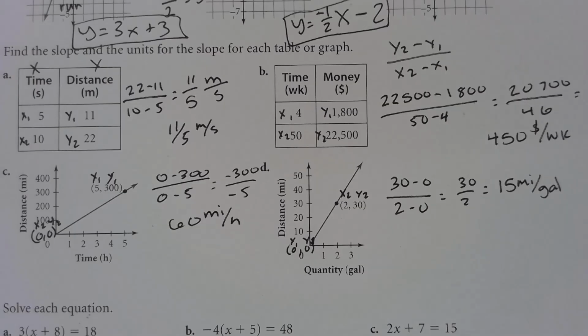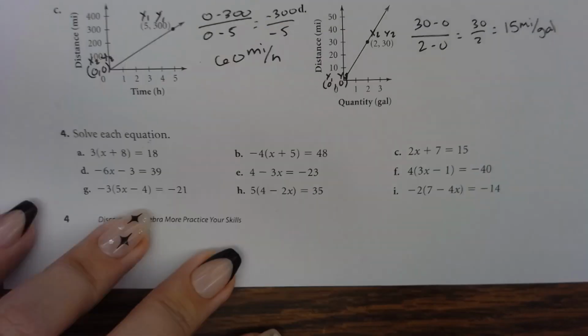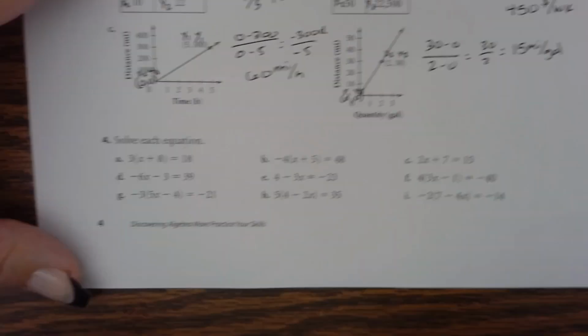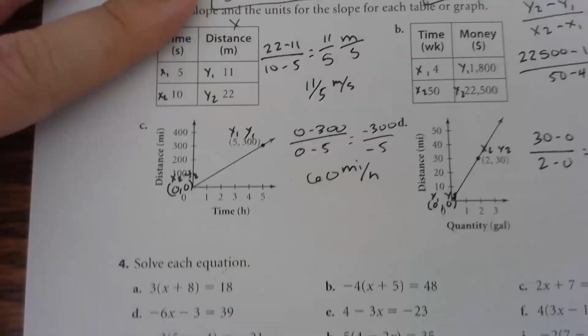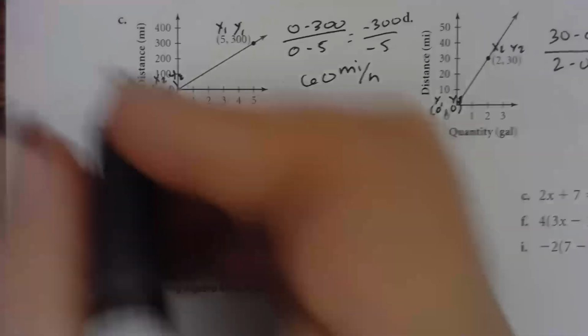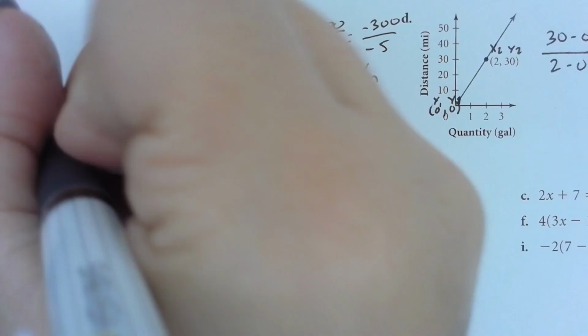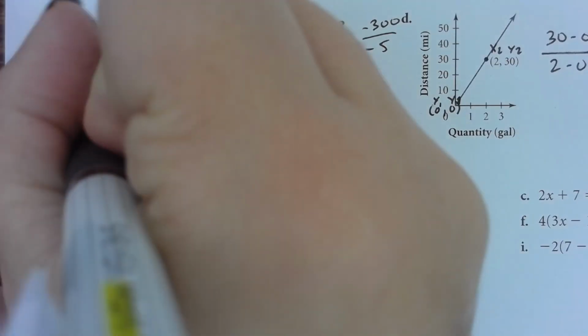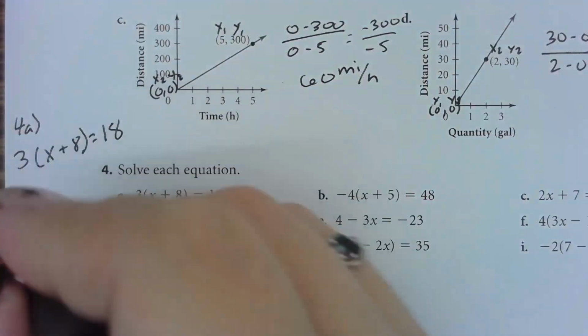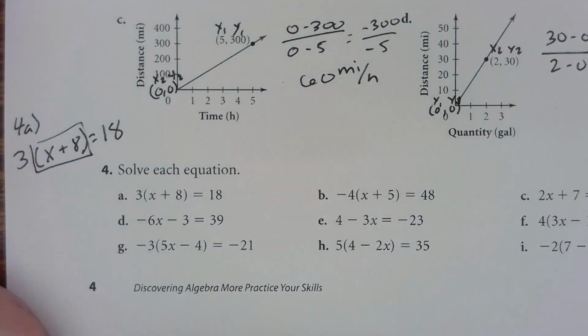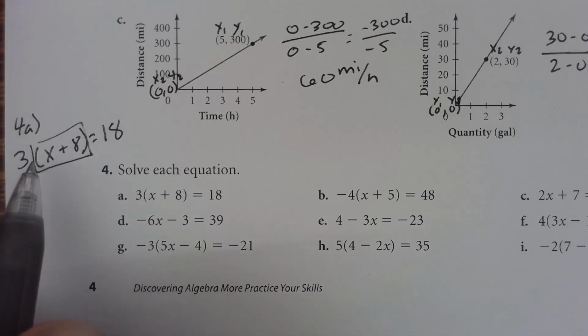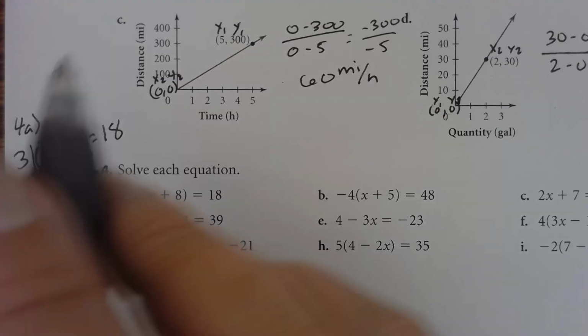We're good? Alright, I'm just going to remind you how, and then you're going to do the rest on your own. So number 4A, we have 3 times (x plus 8) is 18. We're going to talk about the parentheses. What's happening between that 3 and the parentheses? What's the operation? Multiply.